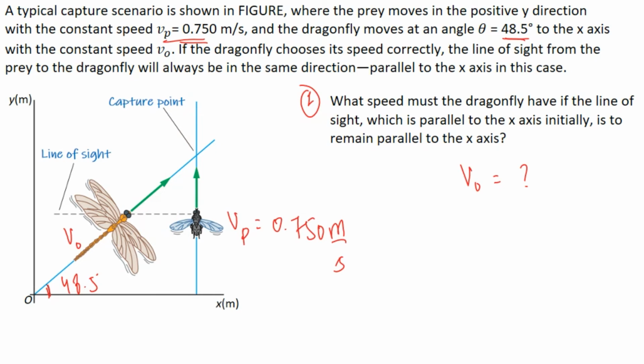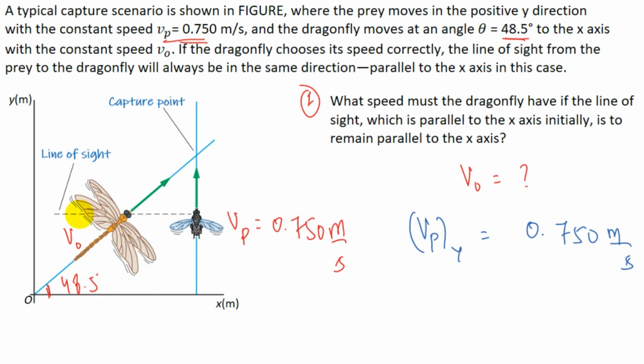What we can conclude from this question is that the y component of V0 should be equal to the y component of Vp, and the prey is itself moving along the y-axis, so this should be the y component for prey. So Vp y is equal to 0.750 meter per second.